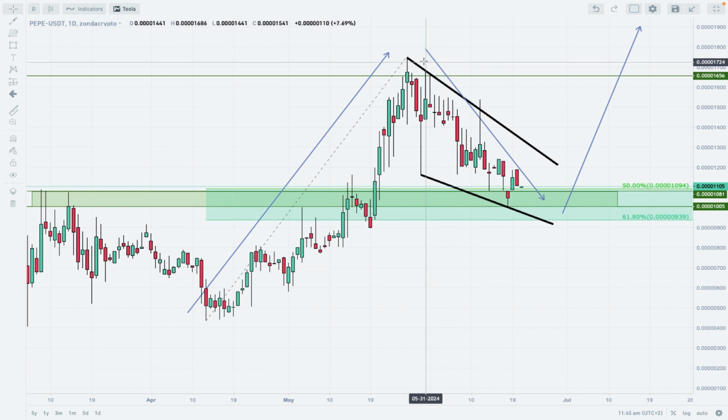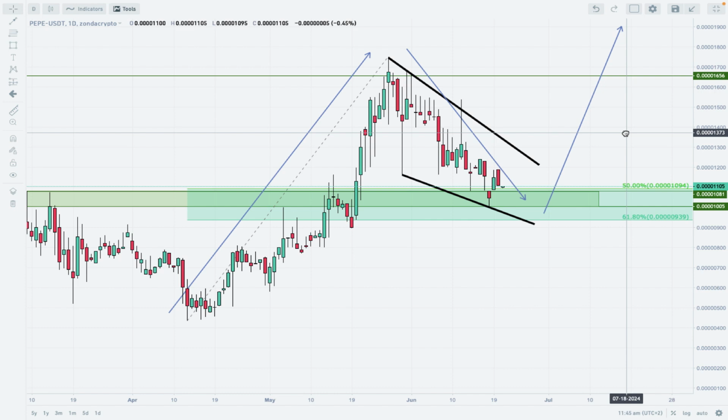Someone might even see some sort of flag pattern building up on the Pepe daily time frame chart. So that's basically the scenario that we have here for our market: up movement, pullback or correction, and preparation for the up movement continuation.